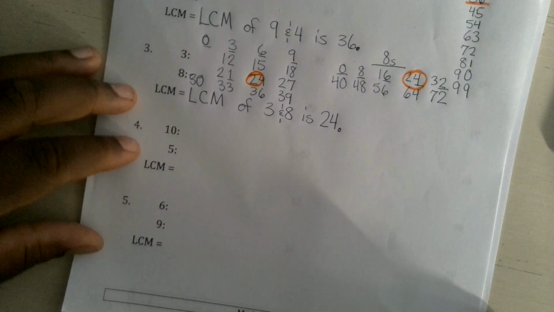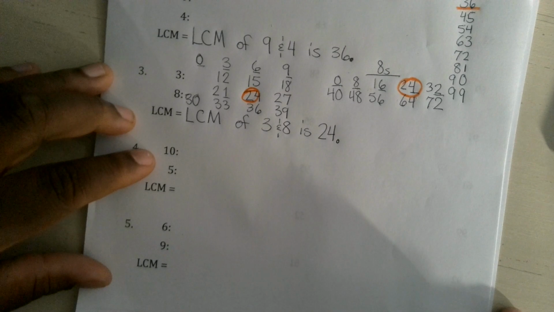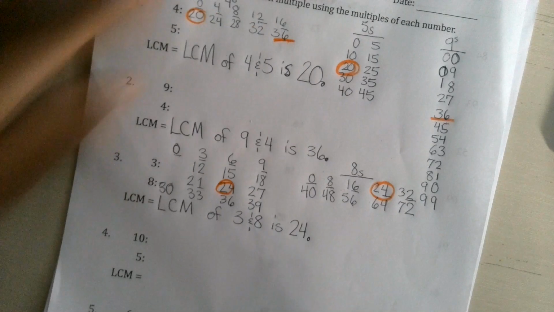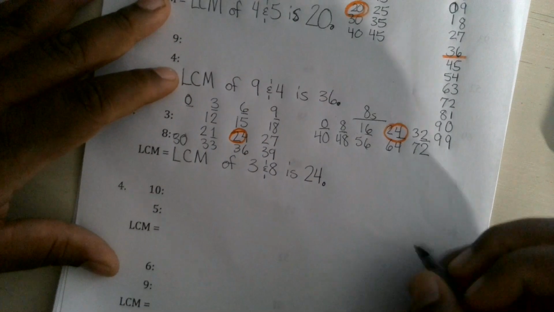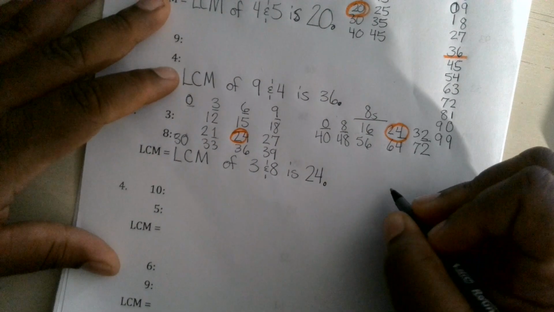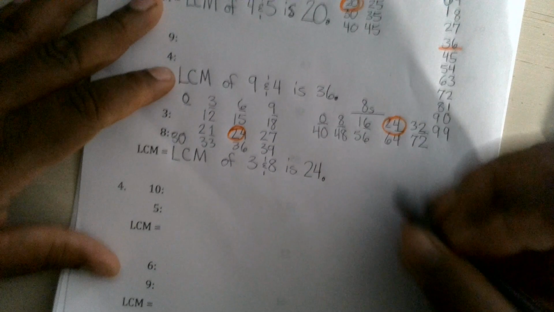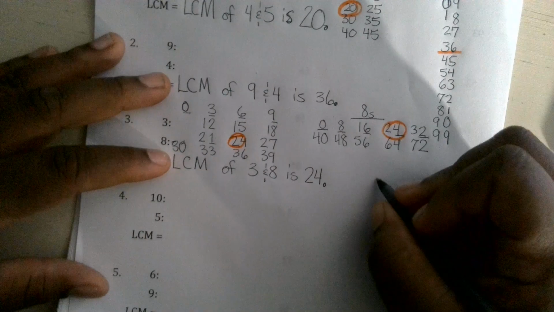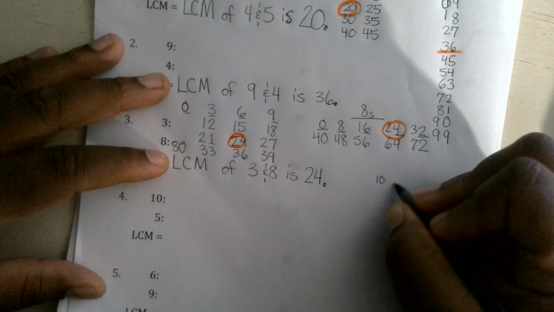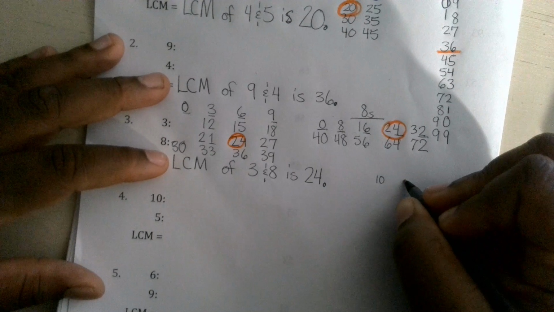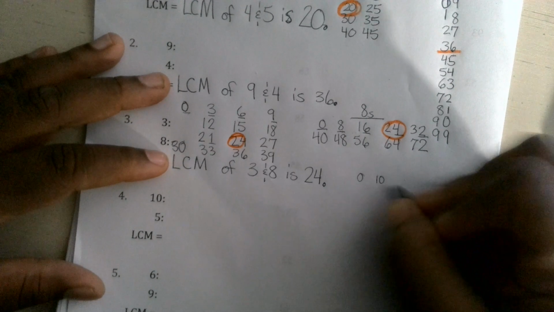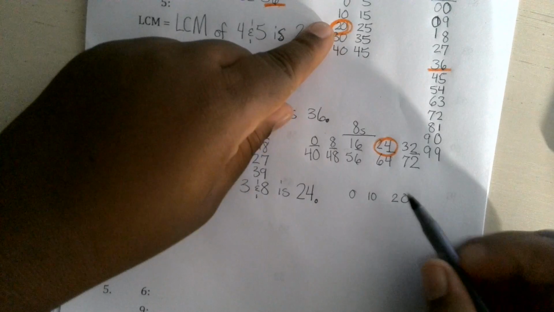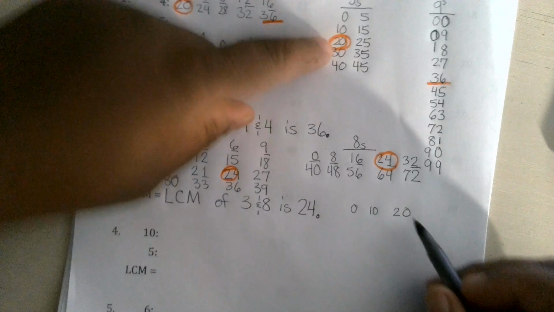And now the least common multiple of 10 and 5. I have my 5's multiples map up here, so I don't need to do it again, but I will make a 10's multiples map. Well, 10 is kind of redundant, but I'll do it. 0 is my anchor. 10, 20, and already I see it, because I have my 5's there.